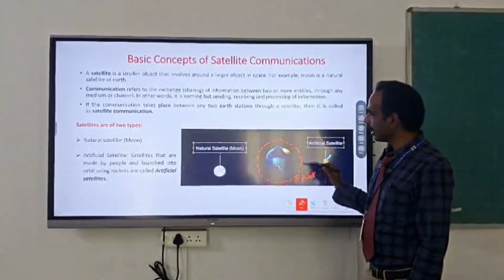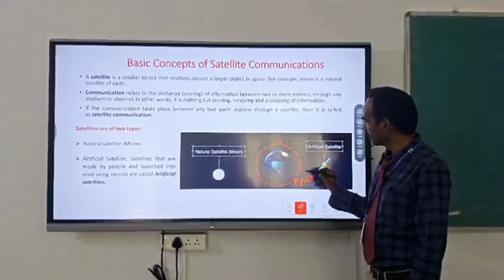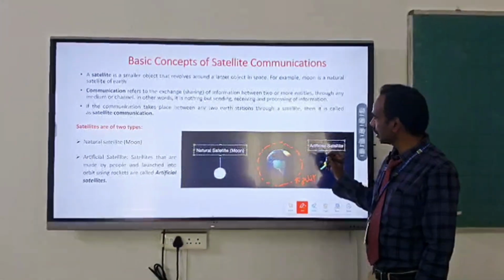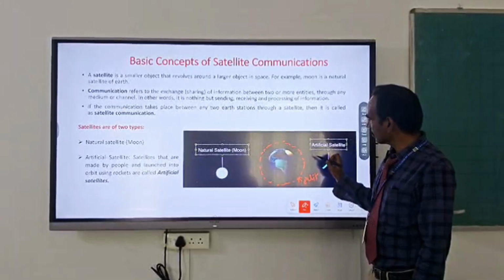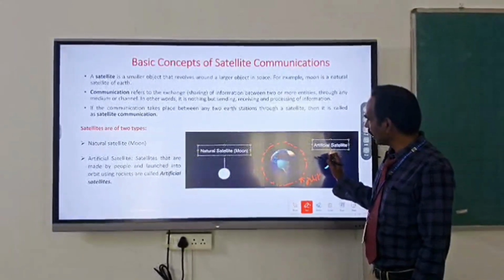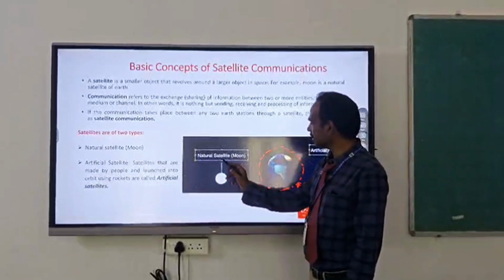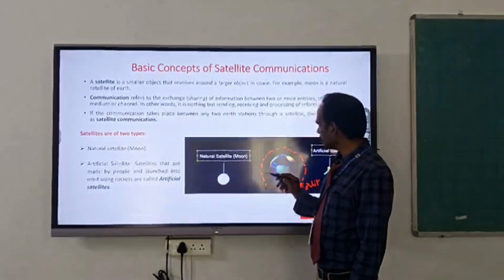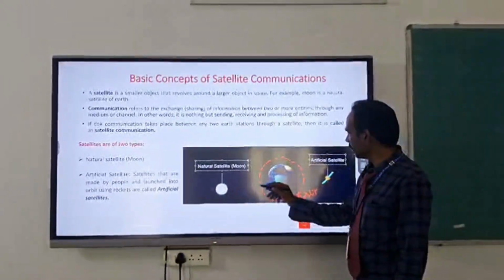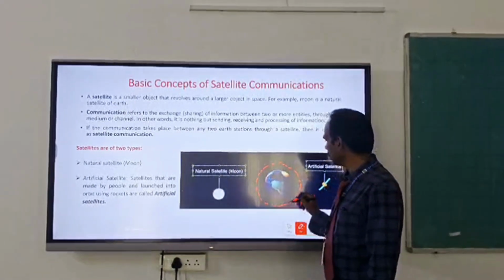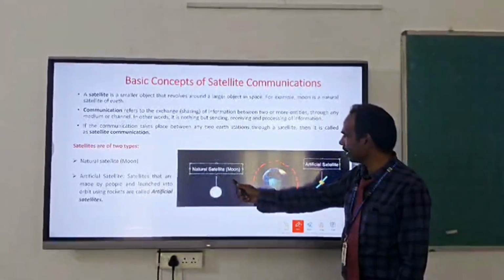So satellites are of two types. From the basic definition, a satellite moves around the bigger one in a fixed orbit. A natural satellite, in this example, the moon moving around the earth, we call a natural satellite.